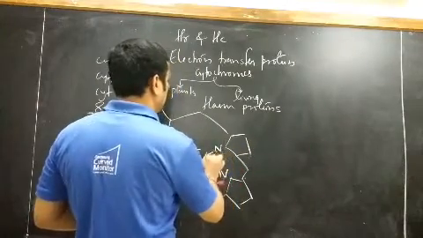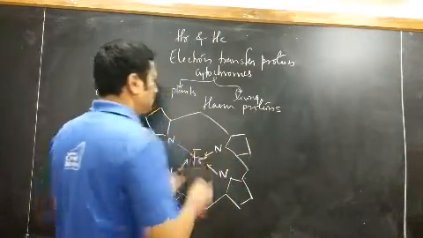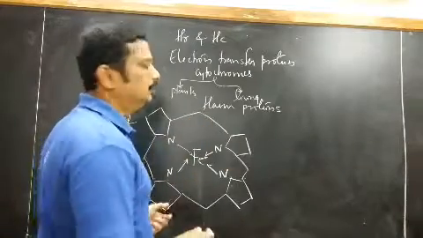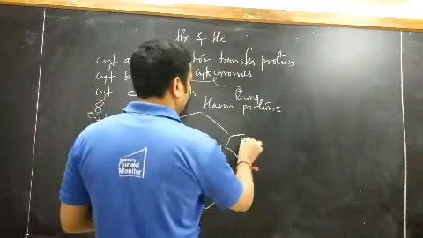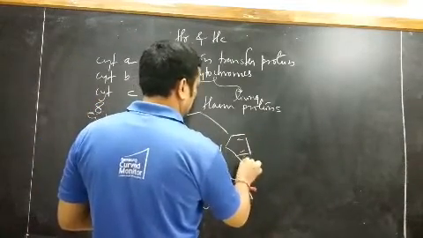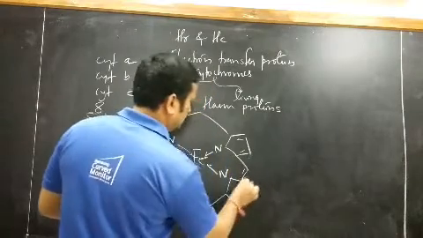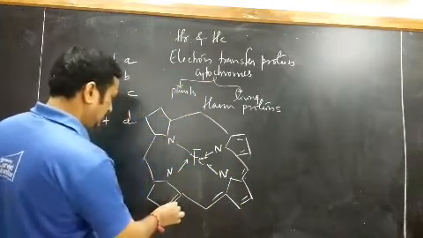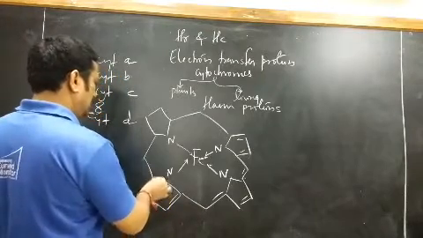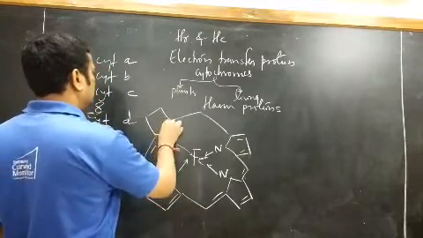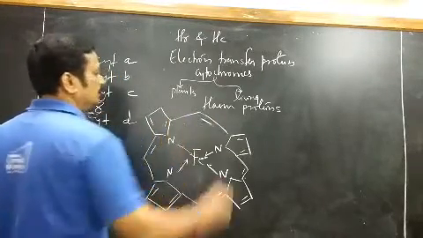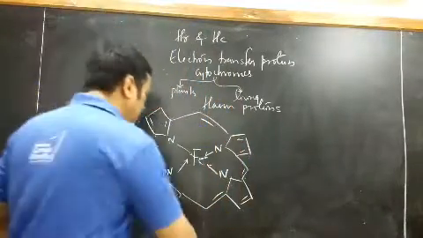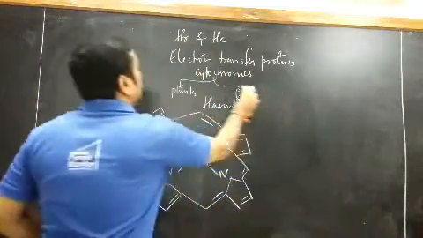This is how the electrons spread around the ring of the heme group, that is porphyrin. The ring goes like this, and this is the conjugation you can see here, in the heme group of hemoglobin.